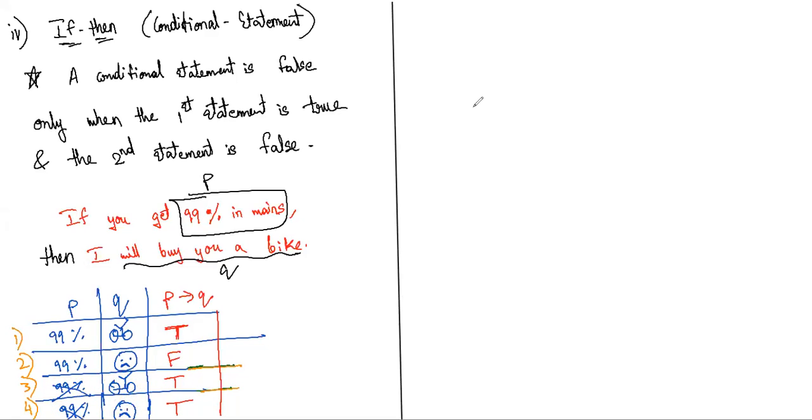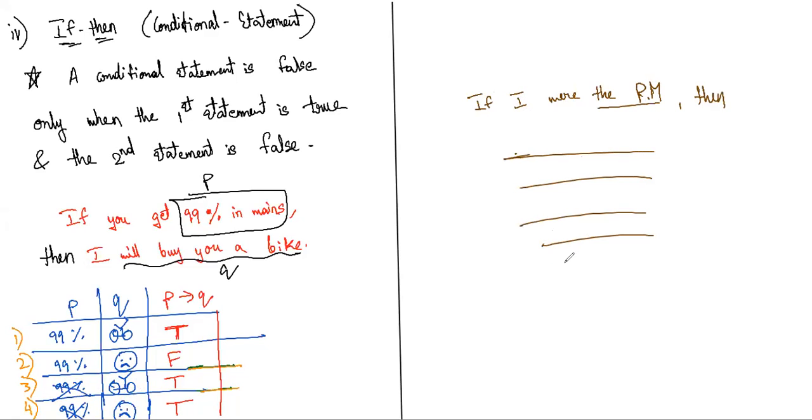Okay, for example, sometimes in school you're given essays: if I were the prime minister. In childhood you might have been asked to write essays like that. If I were the prime minister, then बोल के आप कुछ लिखते थे, 10 मार्क के लिए शायद कुछ लिखा होगा आप लोगों ने.